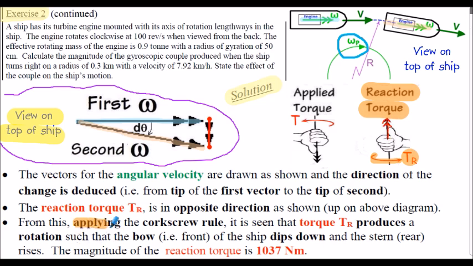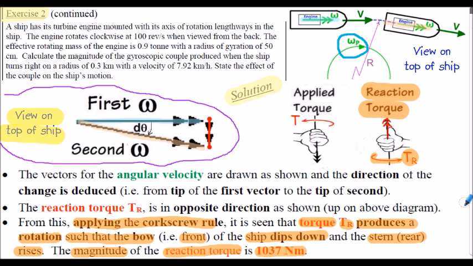So then from applying the above right-hand screw rule, we can see that the torque, TR, produces a rotation such that the bow or the front of the ship dips down, thus the stern or the rear of the ship rises. Of course, the magnitude of the inertia or reaction torque TR is the same as that of T, so it's 1037 Newton meters.